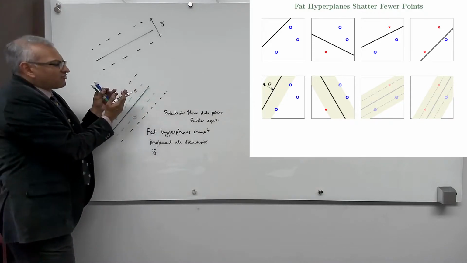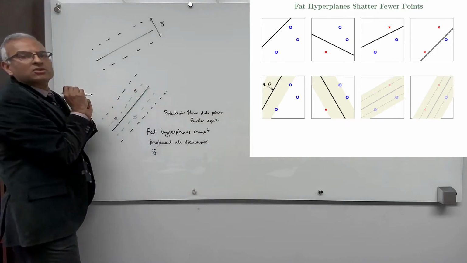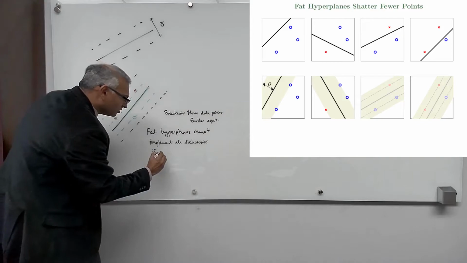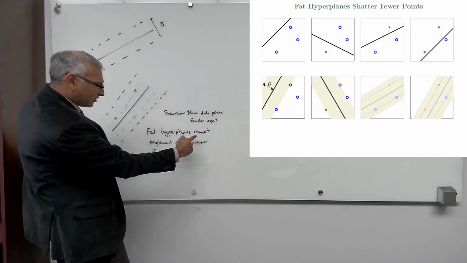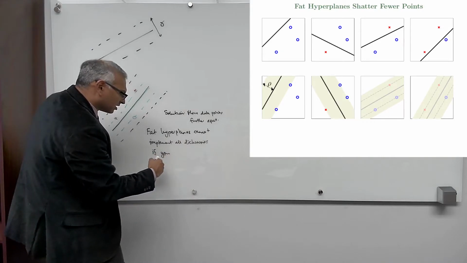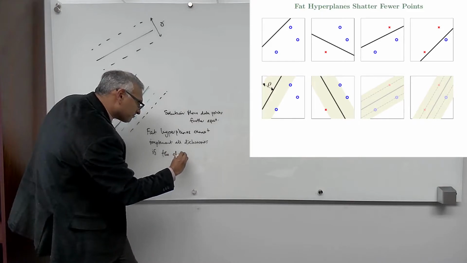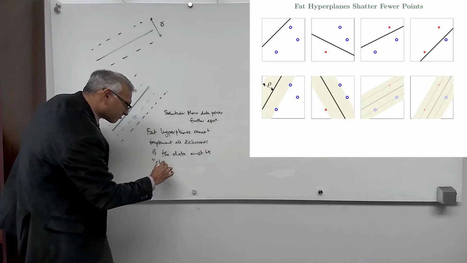What matters is how far apart you can move the data with respect to the thickness of the hyperplane you're considering. Fat hyperplanes cannot implement all the dichotomies if the data must be close together.